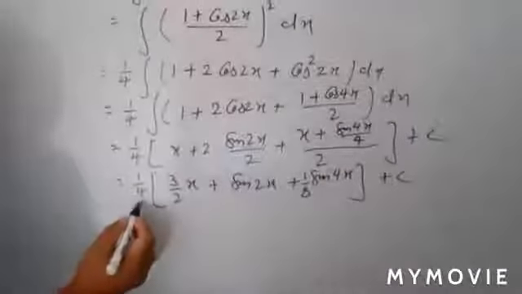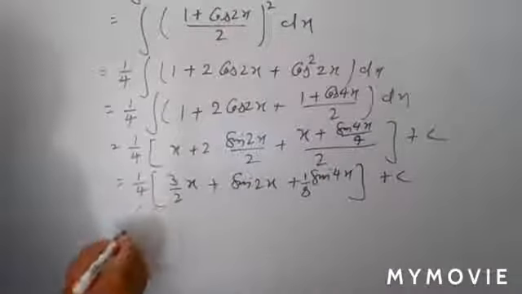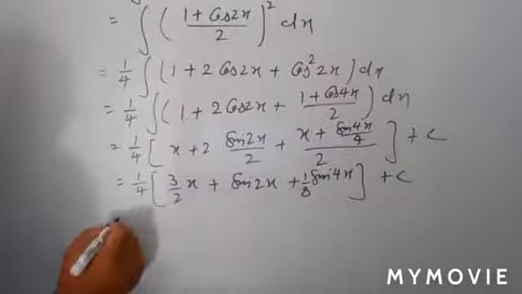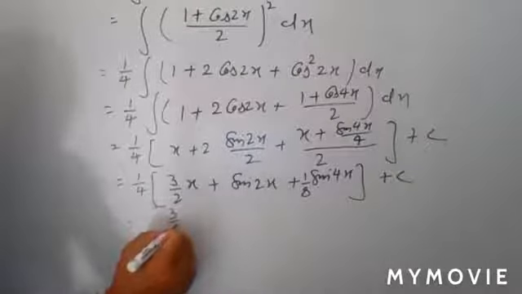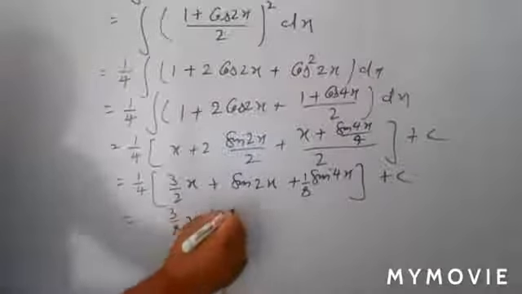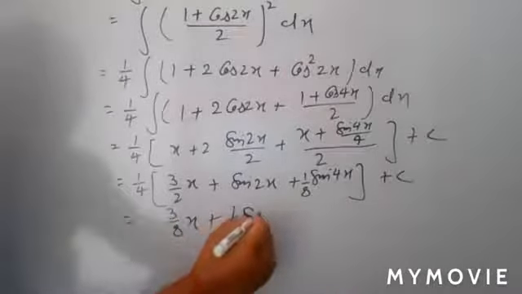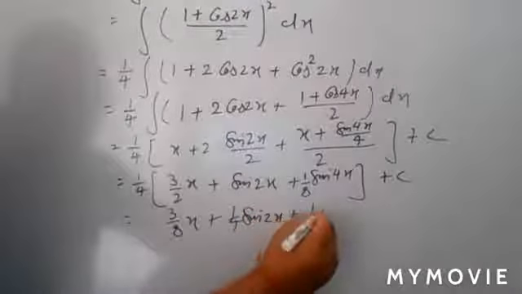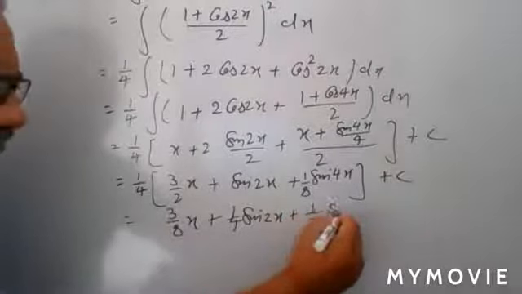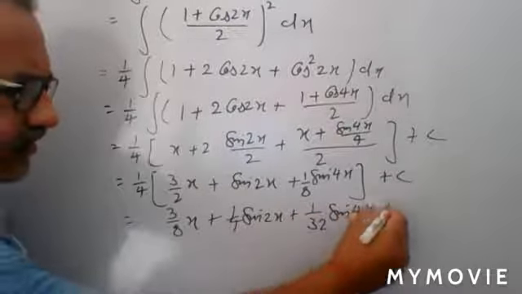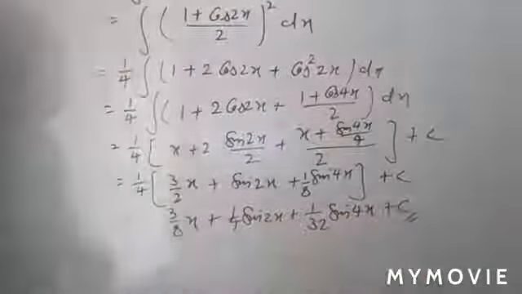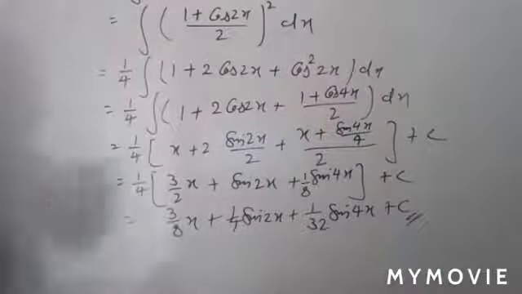Now you multiply each term by 1 by 4 also. So here you have 3 upon 8 x plus 1 upon 4 sin 2x plus 1 upon 32 sin 4x plus c is your answer. In this way you get your result.